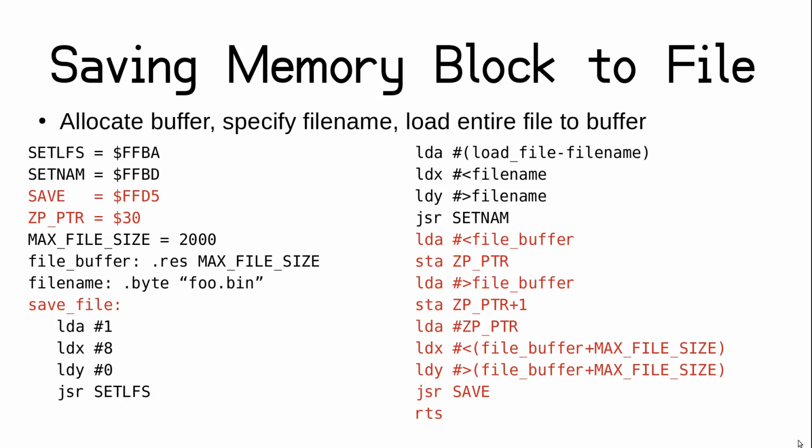We need to store the address of the file buffer in the 0 page pointer we defined, and then store that 0 page pointer address in A. Then we need to store the address of the byte that follows the last byte we want to save in X and Y. In this case, we just let the assembler calculate it by adding the buffer length to the start address. Now, we can finally call save and all the data will be saved to the file.